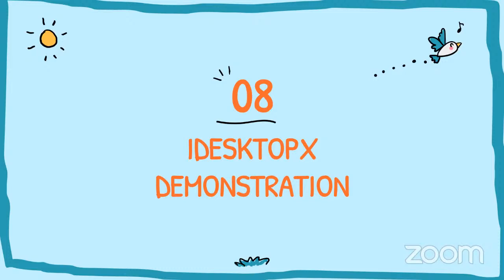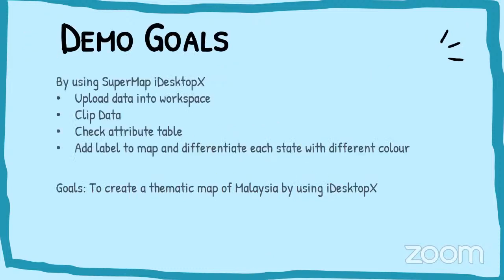For today's course, we are going to introduce you to iDesktopX. We're just going to do the basic things first, to let you get used to iDesktopX, so later on, if you open it, you know where the tools are, how you can upload the data and so on.